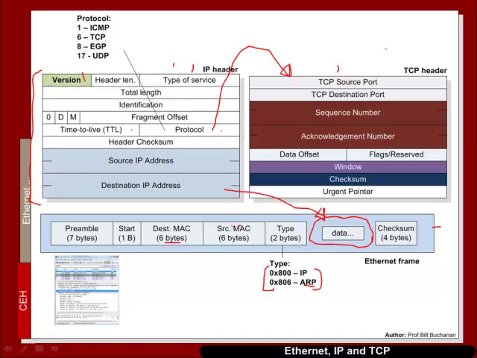So in this case, it might be a TCP protocol for the transport layer, but it might also be ICMP, EGP, UDP, and so on. So the value that we see here actually determines what comes next. We'll have some source and destination IP addresses. The IP header looks like this.